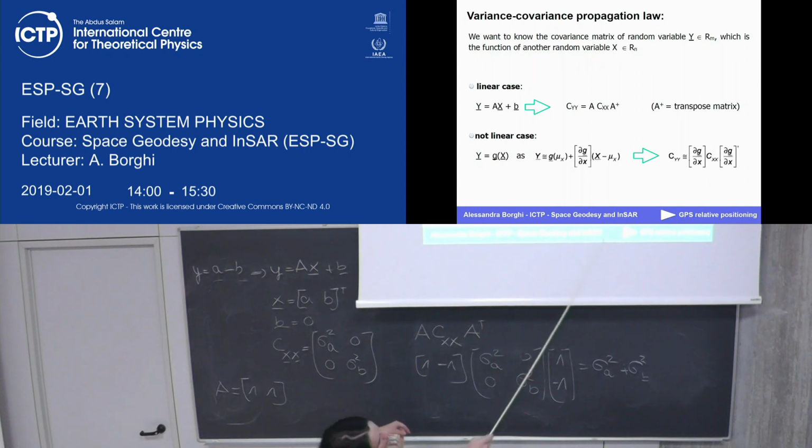You obtain more or less the same formulation, but it's an approximation because it depends on the Taylor expansion of your function, computed at the mean value. This term, the Greek letter, means the mean values, the average values of x.